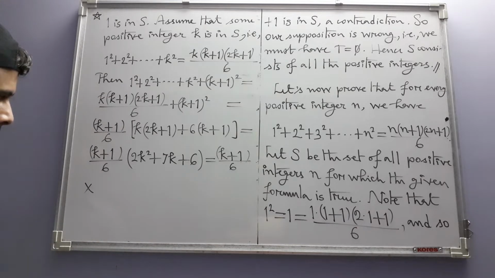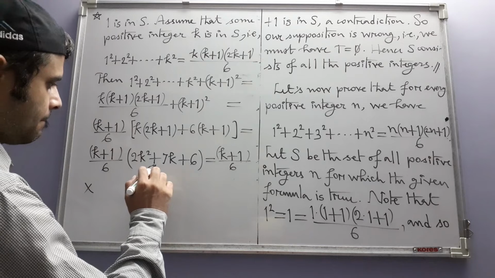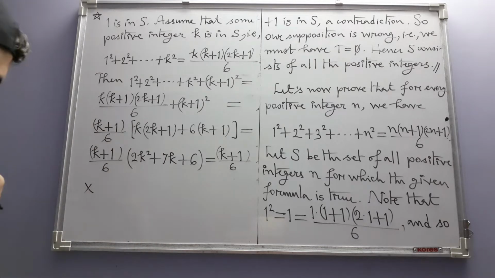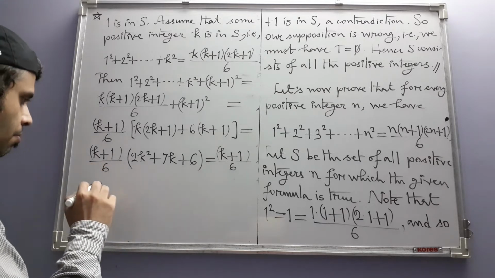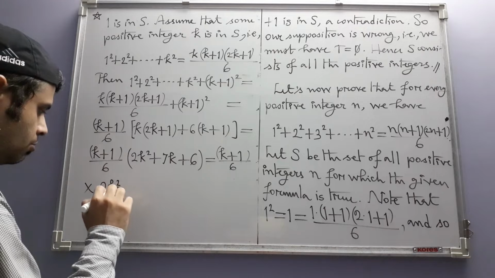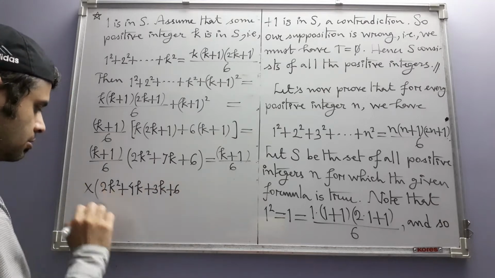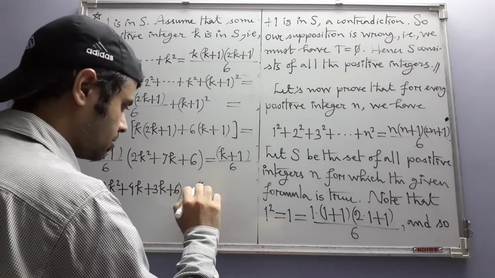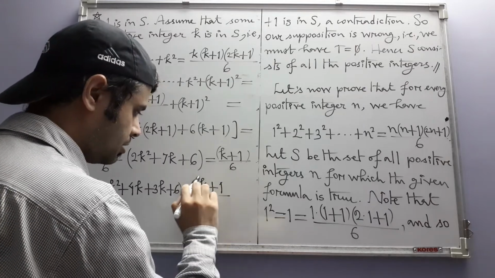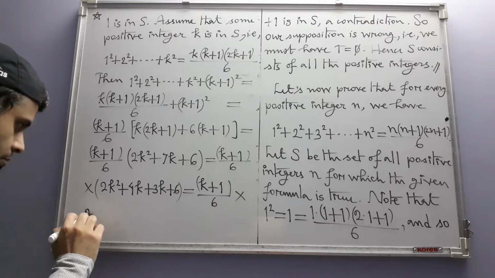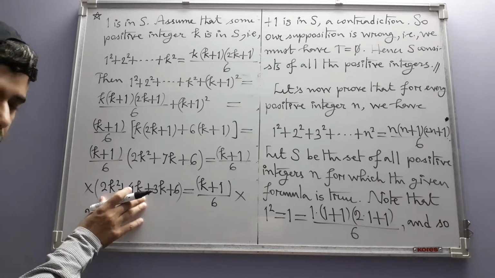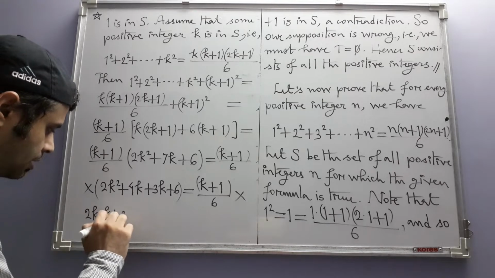okay, so this is 6 times 2 is 12. 2k squared plus 4k plus 3k plus 6. This is equal to k plus 1 divided by 6 times. If we take 2k common out from the first two terms, then we will have k plus 2.